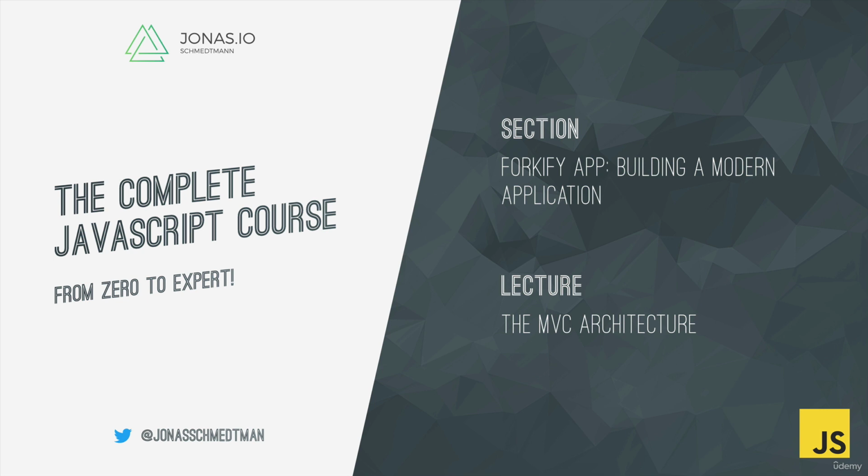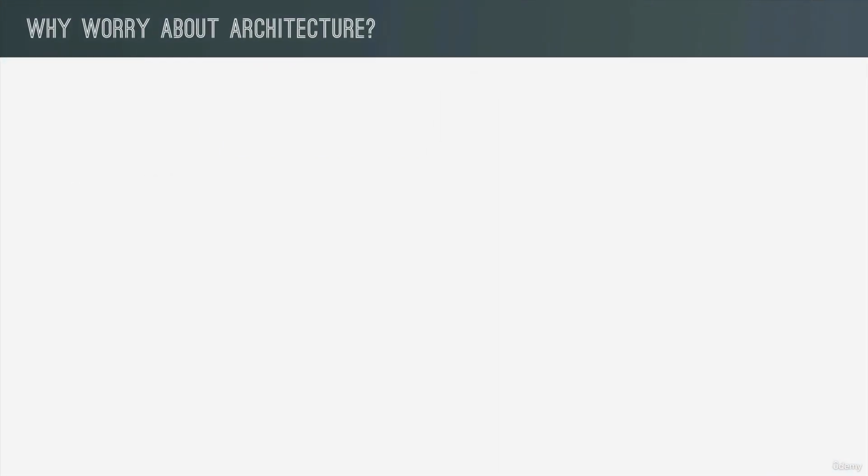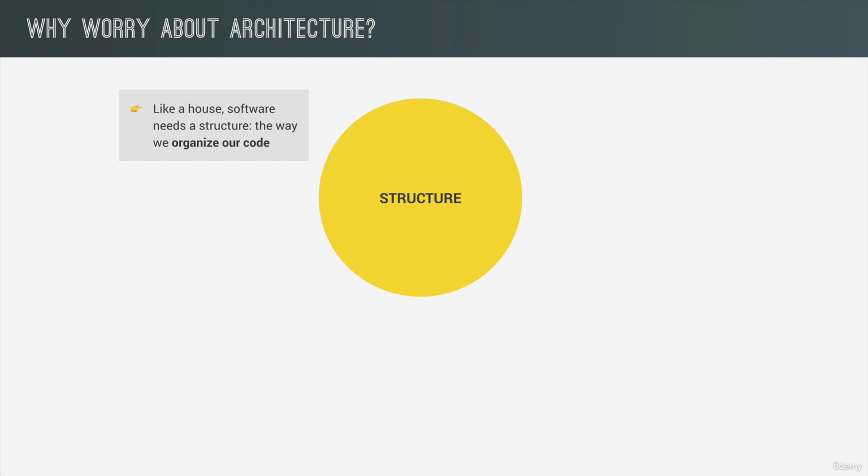Now, we touched on this already in the Mapty application a little bit earlier, but in this lecture, let's now go a little bit deeper. And first of all, why do we even need an architecture when we build software? Well, there are actually multiple reasons. First, the architecture will give our project the structure in which we can then write the code.